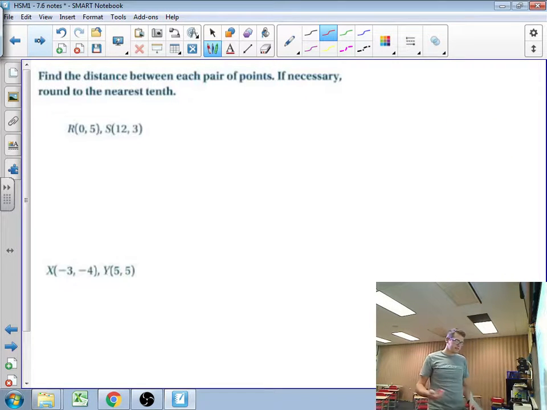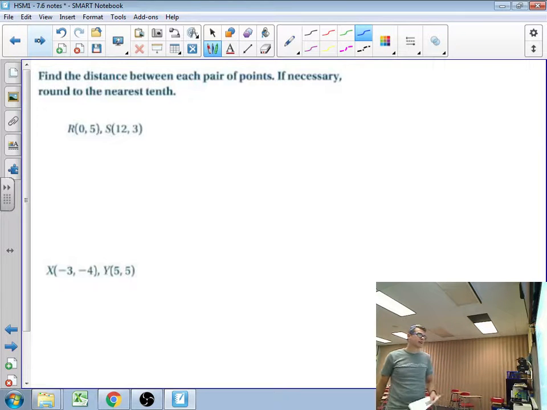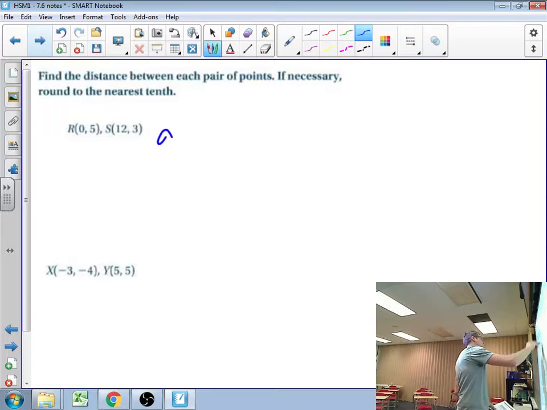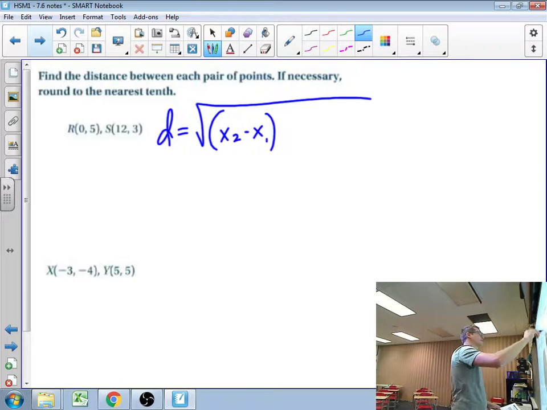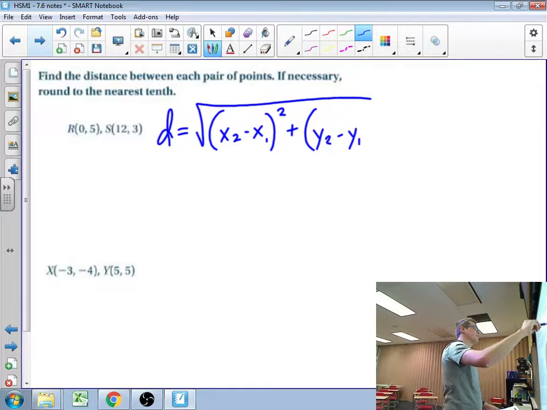So to find our distances here, I'm really looking for that delta y and that delta x first, and that happens inside of that radical symbol. So I'm going to set up the distance: radical of x2 minus x1 to find the change between them, plus, squared by the way, y2 minus y1.